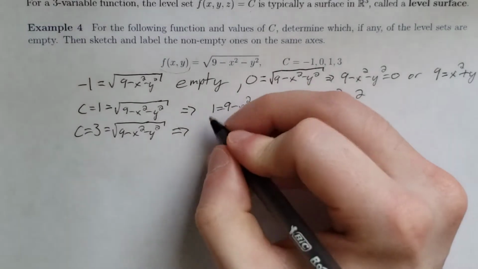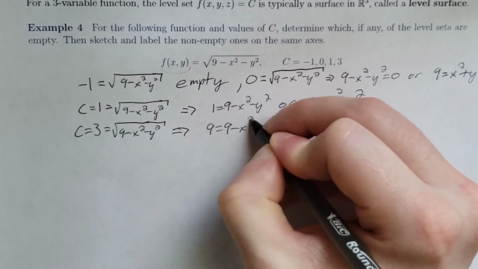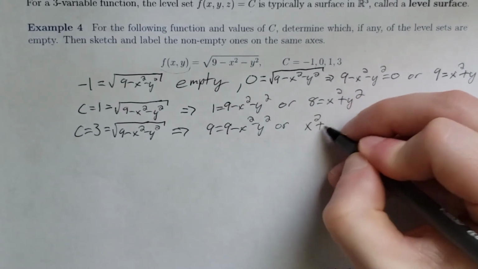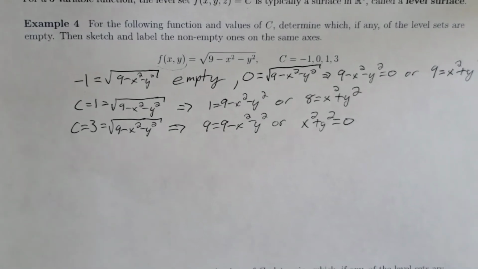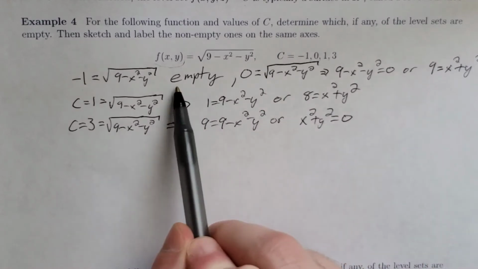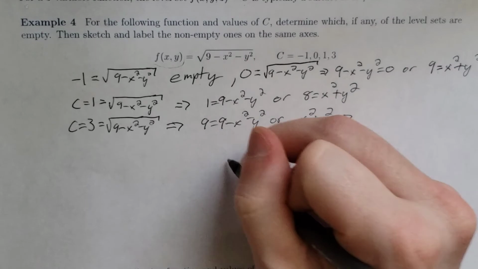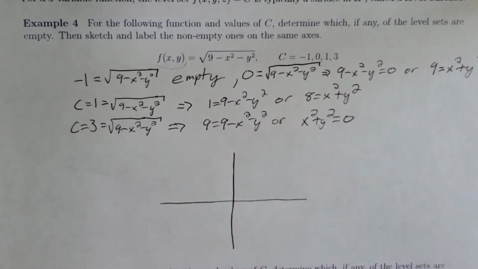Well, this implies that 9 is equal to 9 minus x squared minus y squared, or in other words, x squared plus y squared is equal to 0. So now we want to sketch those 3 level curves that are non-empty, right? We had 4 level curves here, but that first one is empty. So we'll sketch the 3 non-empty ones. Well, these are a bunch of circles.